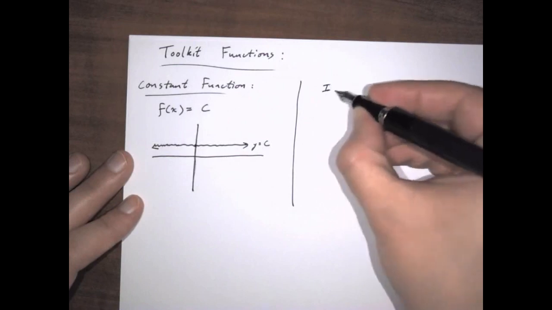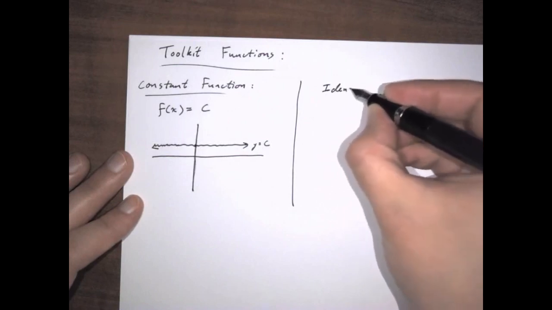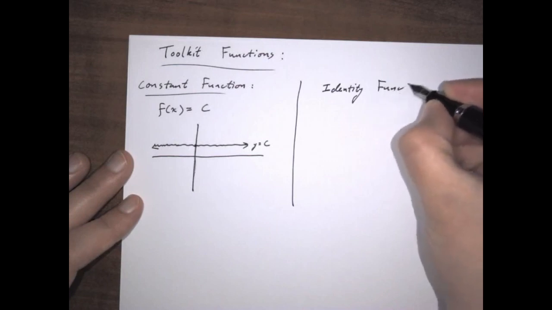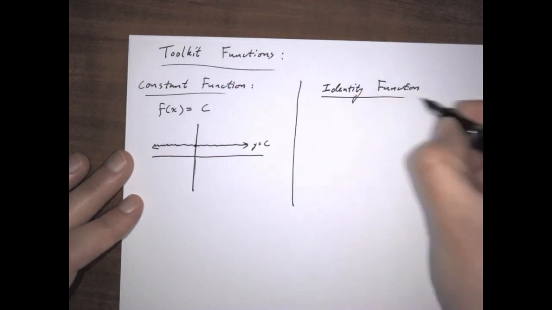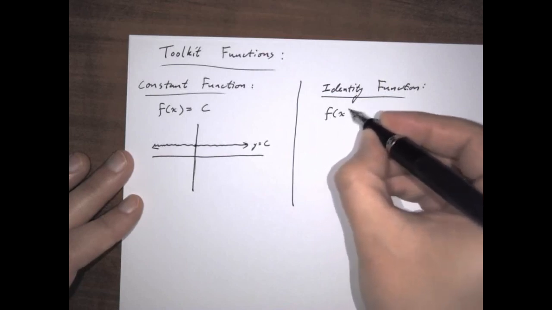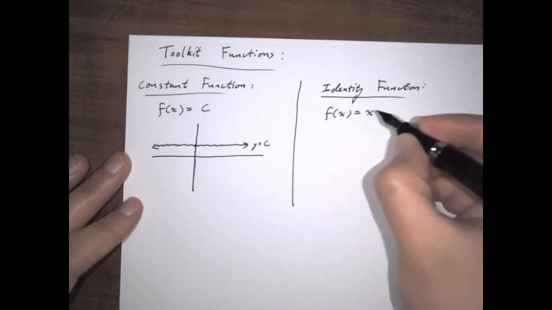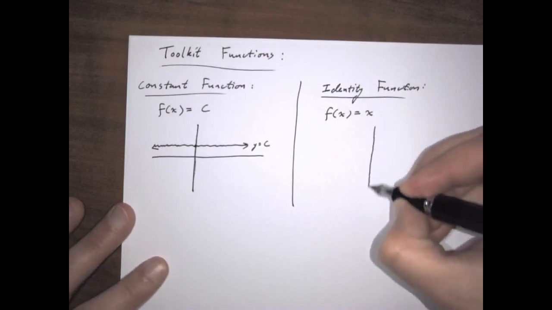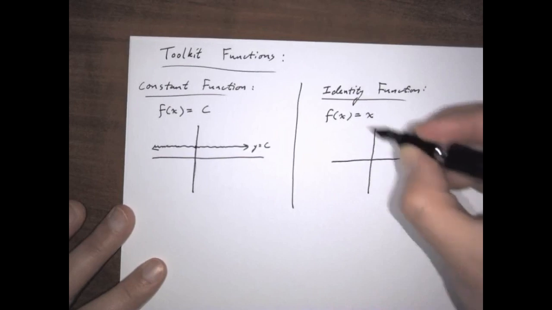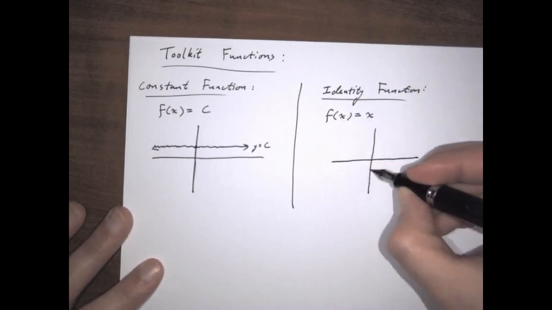Then we also have what is called the identity function. And the identity function has a formula f of x just equals x. Now what this particular function's graph looks like is the set of all the points where the y value is the same as the x value.